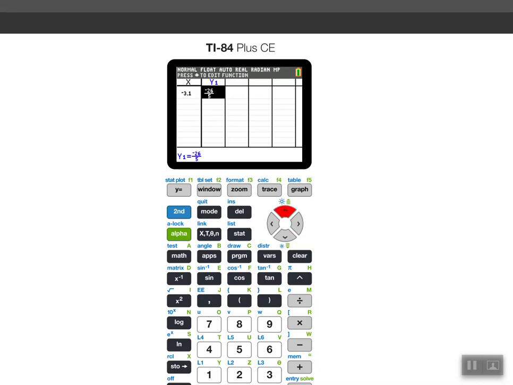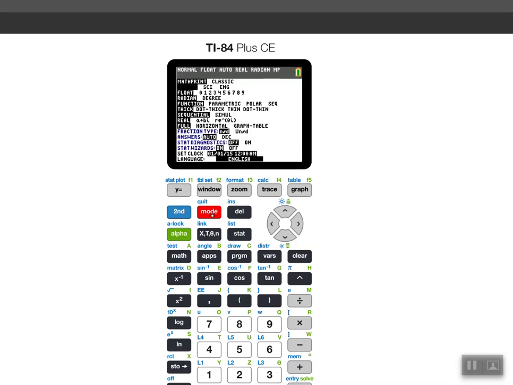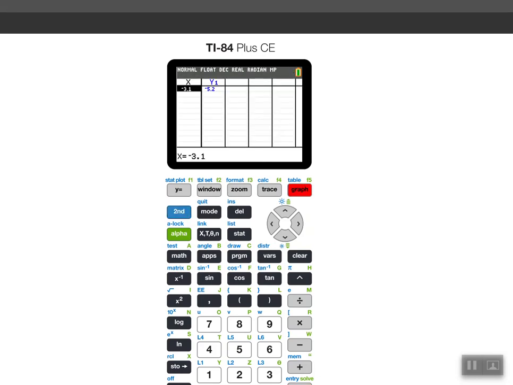Negative 3.1, enter. Notice it puts the values in there. I notice that it's a fraction, and perhaps I want to change the mode so that I get it to be a decimal, and I can go to answers and decimal. Enter. Let's see if that helps. There we go. And sometimes I do want fractions, so we may have to be careful with what we do there.